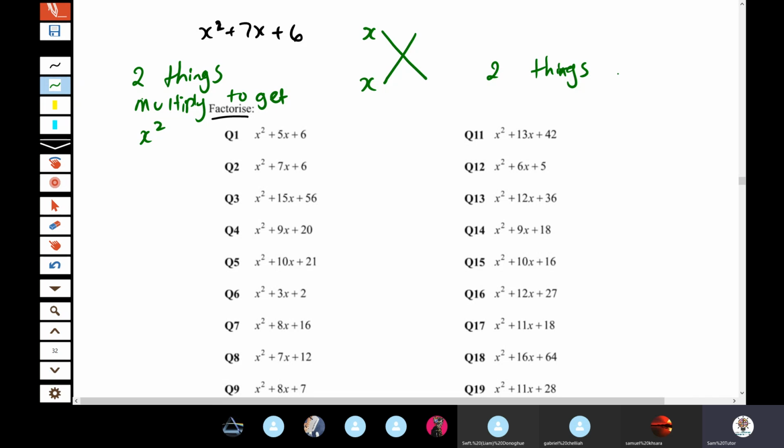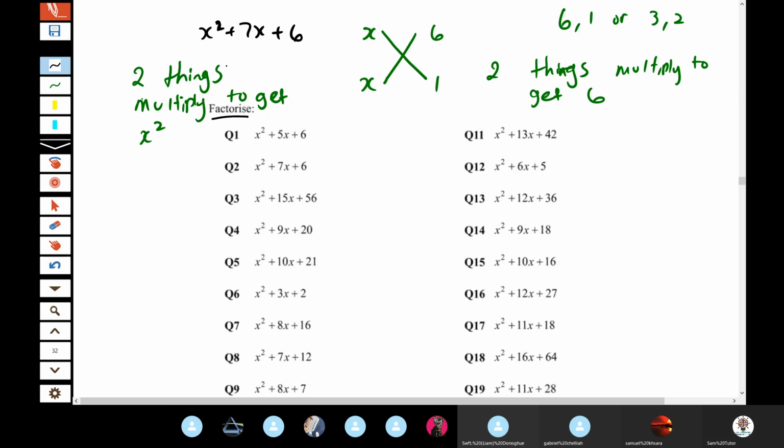So 2 things that multiply to get 6, the third term. Can someone tell me? 2 things that multiply to get 6. 6 and 1. Or, let's just write them here actually, 6 and 1, or 3 and 2, right?